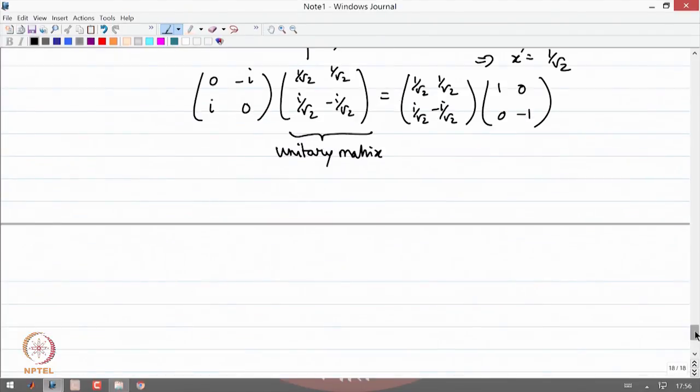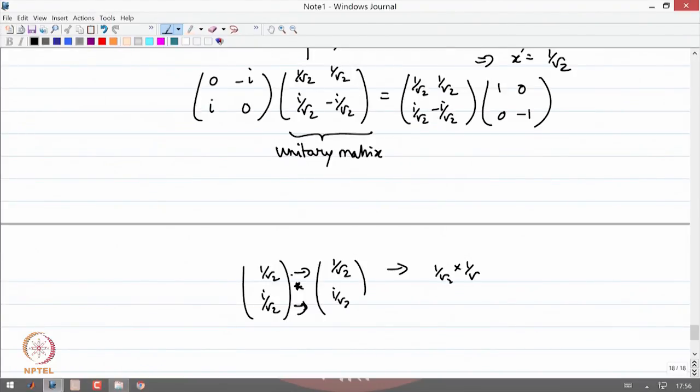And if you take column 1, 1 by root 2 and I by root 2, and multiply this element by element with the complex conjugate of column 2, please remember 1 by root 2 does not change, this becomes plus I by root 2, then what you get is 1 by root 2 into 1 by root 2 plus I by root 2 into I by root 2, and that is minus 1, therefore you see this is 0. So this is a unitary matrix, the columns and rows are orthogonal to each other in the sense of the complex quantities involved.